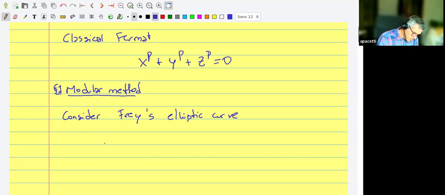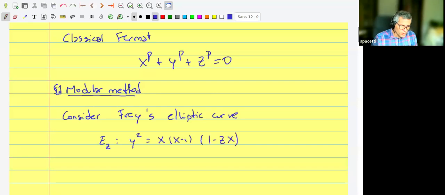I'm going to denote it E, which depends on the parameter z, which is y squared equals x times (x minus 1) times (1 minus zx). The point is that this object only depends on the exponents, and we will see that this is a general strategy. It doesn't depend so far on the solution.